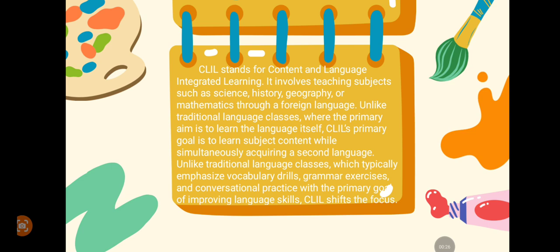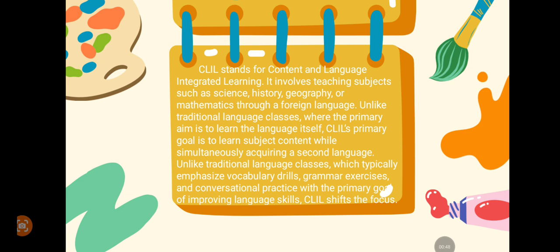CLIL is the content and language integrated learning approach. We may use this approach at schools, at universities, and other educational centers. In this century, we need to use this approach.